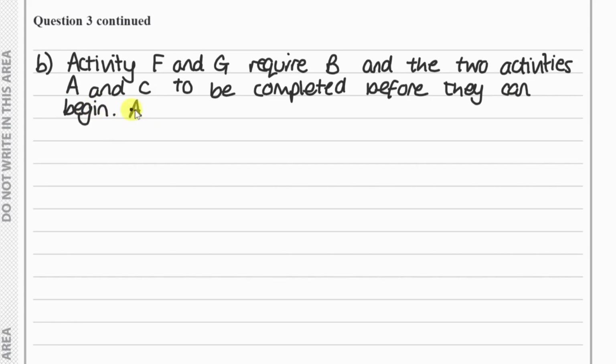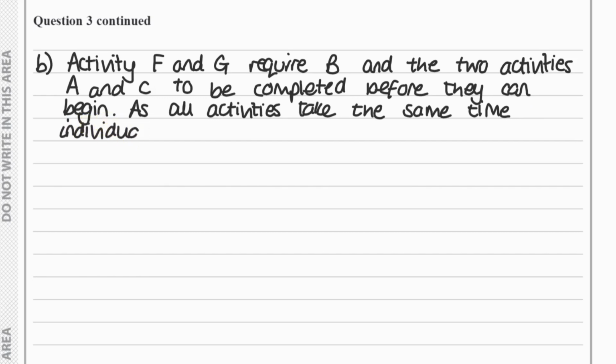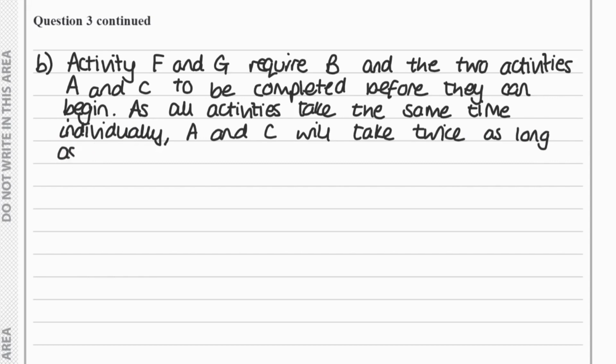As all activities take the same time individually, A and C will take twice as long as B, and therefore B is not critical.